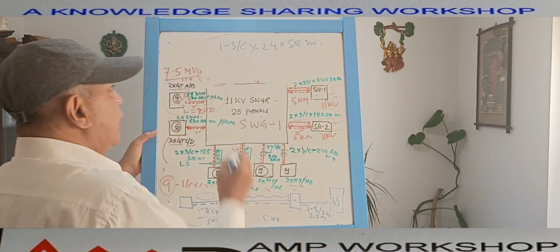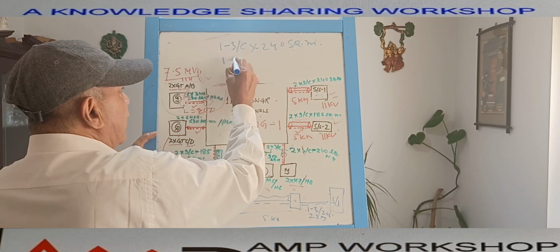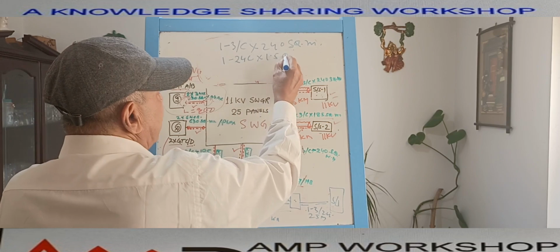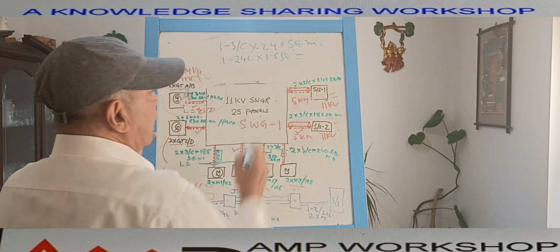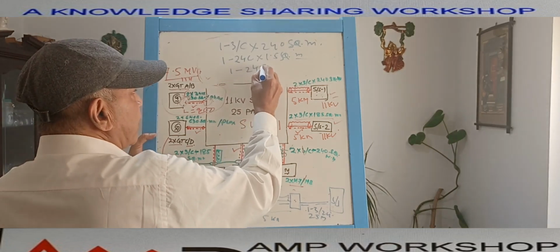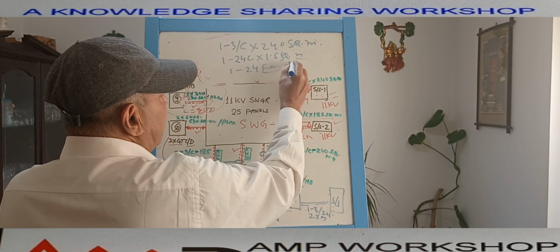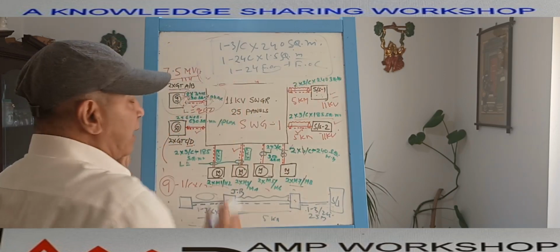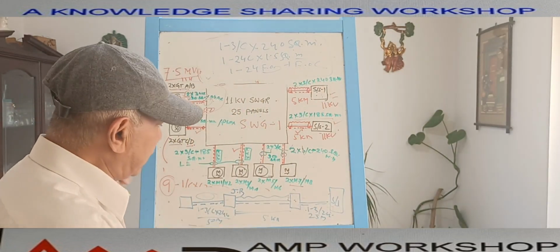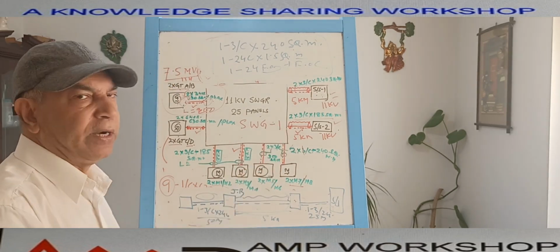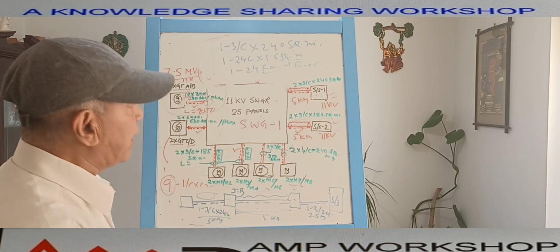Then it may require one number, suppose 24 core into 1.5 square millimeter control cable. Then it may require one number 24-fiber fiber optic cable. These three cables together come as a composite cable. So this is that composite cable, this subsea cable, laid on the seabed. These are the three different cables.